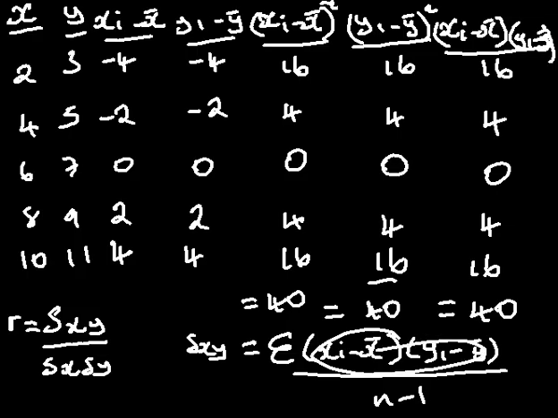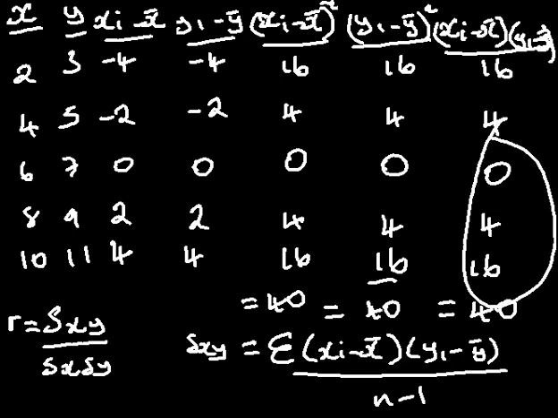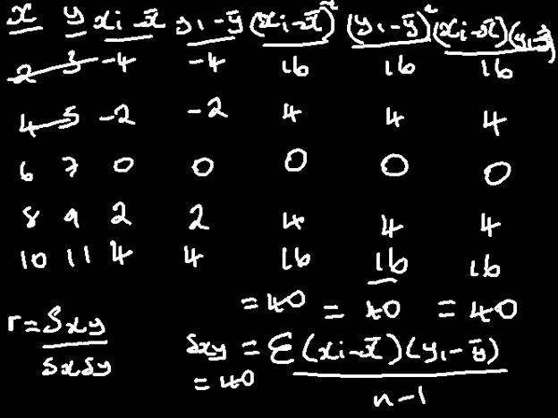So what is on top? Now this one corresponds to the summation of this column. That is now given as 40. And n corresponds to the number of paired values. That is 1, 2, 3, 4, 5. So n is 5, and n minus 1 is 4.